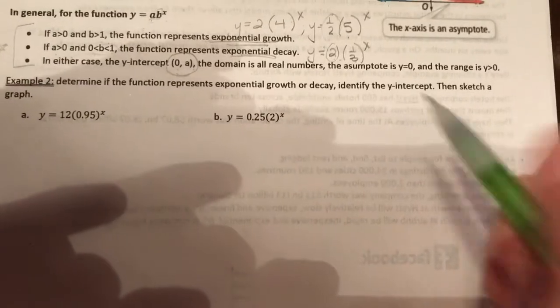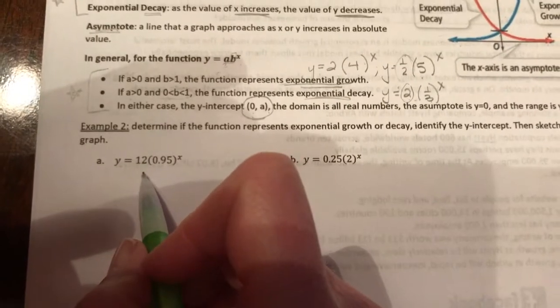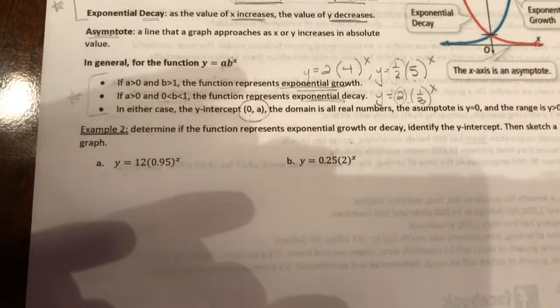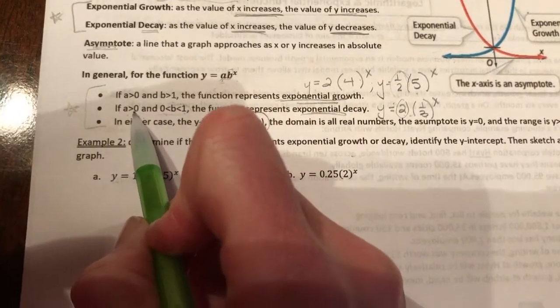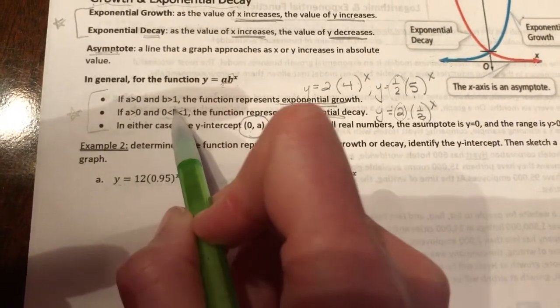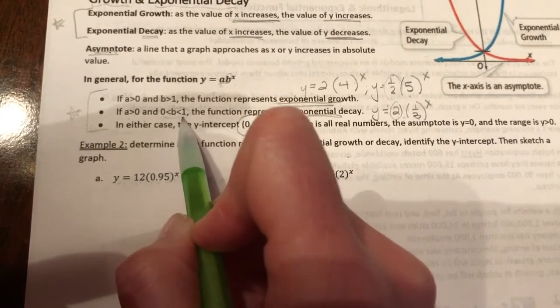Now, here are a few examples. It says determine whether the function represents exponential growth or decay. So we can look at, okay, these a values have to be greater than 0, which in each case they are, which is what we need for both exponential growth and decay. And then also check if b is greater than 1 or between 0 and 1.